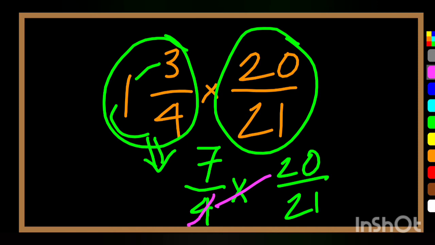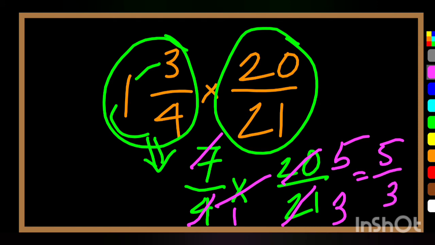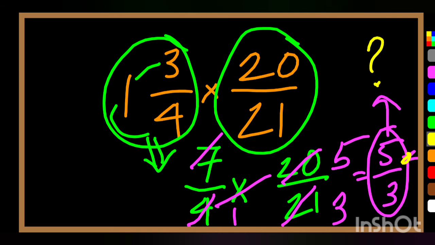Both of these can be reduced by 4 itself, and 7 and 21 can also be reduced by 7 itself. So in the answer it is 5 by 3. Now it is up to you whether you keep this as an improper fraction, or convert it to a mixed fraction.